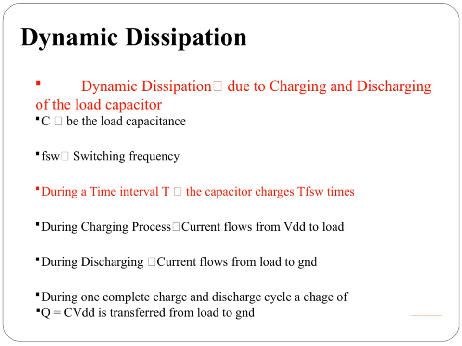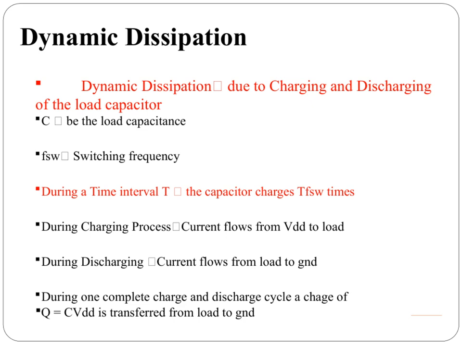Here, we're looking at dynamic dissipation, which happens because of the continuous charging and discharging of a load capacitor. The load capacitance is represented by C, and the switching frequency is denoted as FSW. Within a given time interval T, the capacitor charges T times the switching frequency, meaning T multiplied by FSW. When the capacitor charges, current flows from the power supply, VDD, to the load.